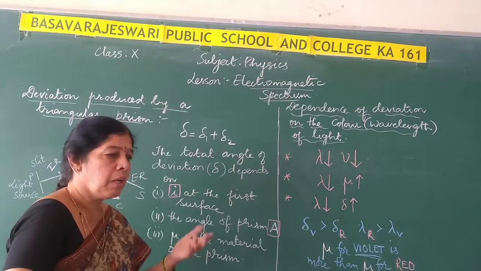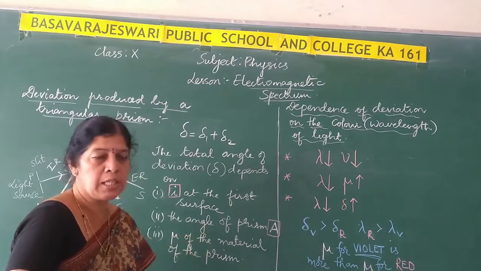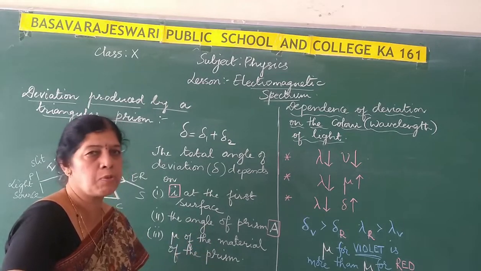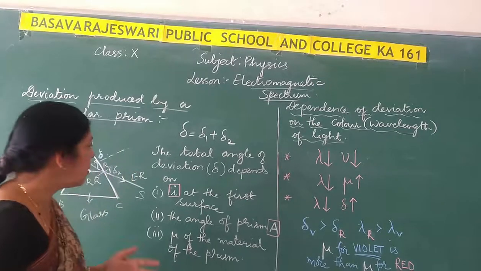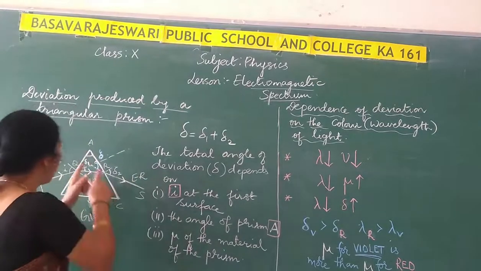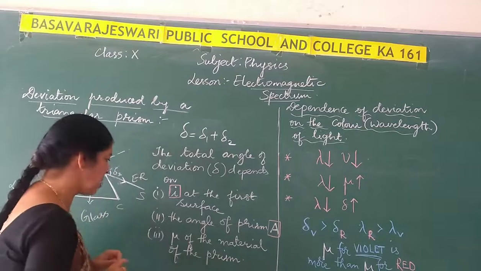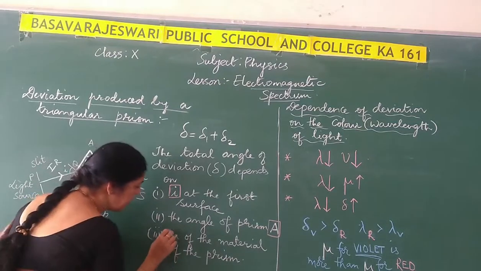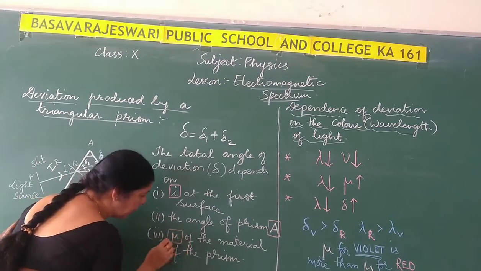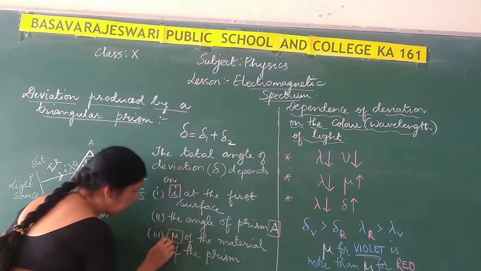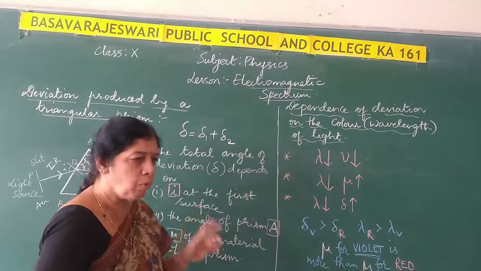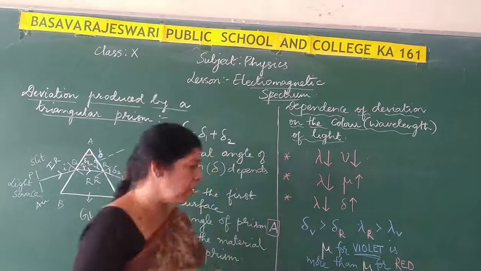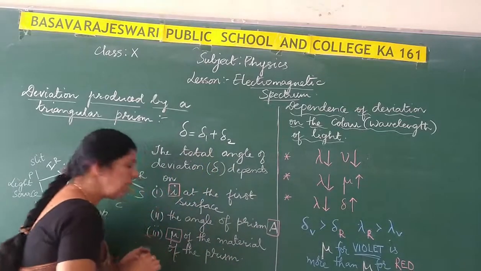Understood? Then 45, 45, 90, like that, two or more types of prisms are also there. So depending on the angle of prism, the angle of deviation also changes. And the third factor is the refractive index of the material of the prism. So, with what material the prism is made of, that is also very important.